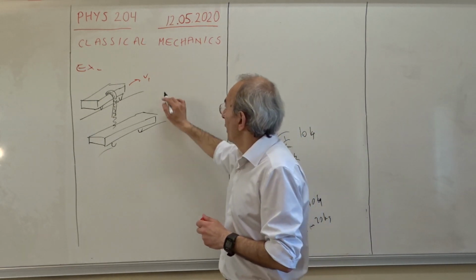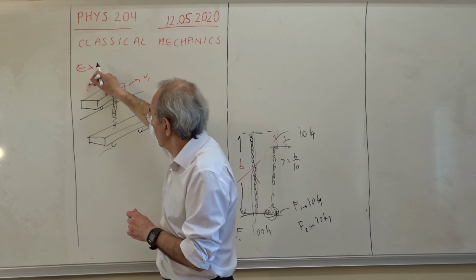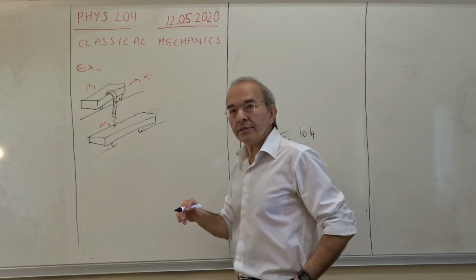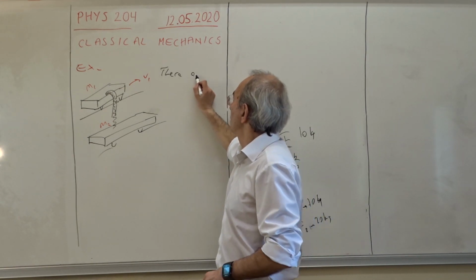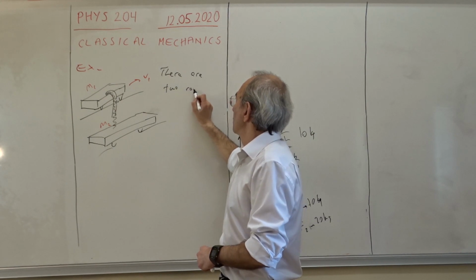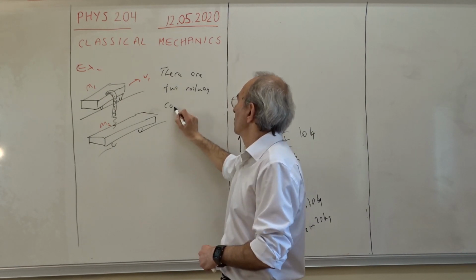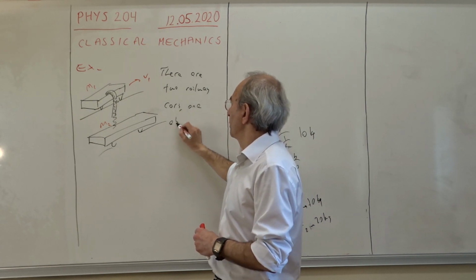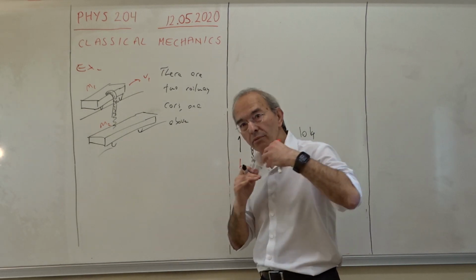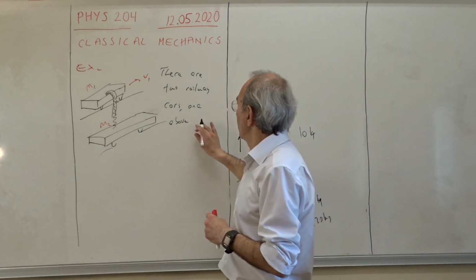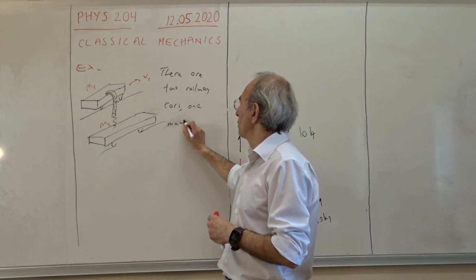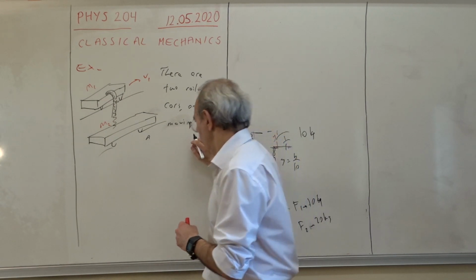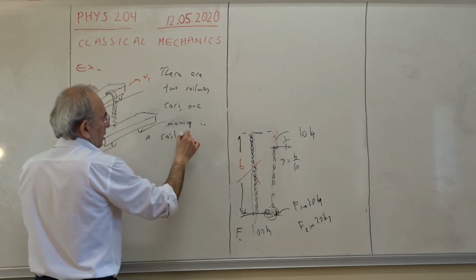Let me write it. Masses are M1, M2. There are 2 railway cars, one above the other. Above means they are moving at different rates. One moving in a rail above the other.